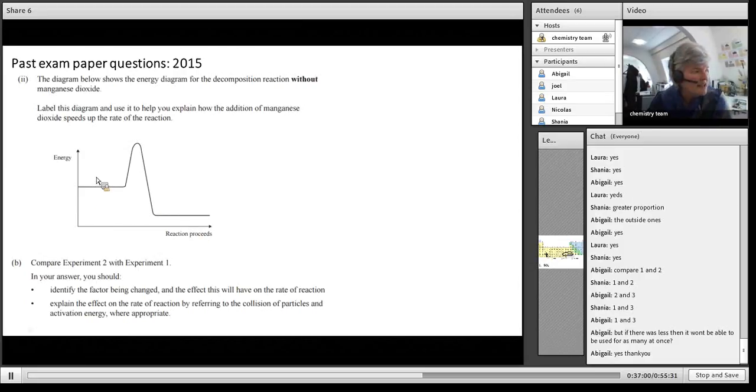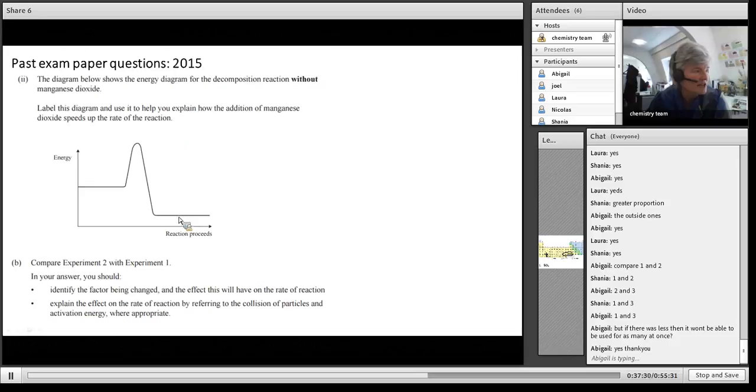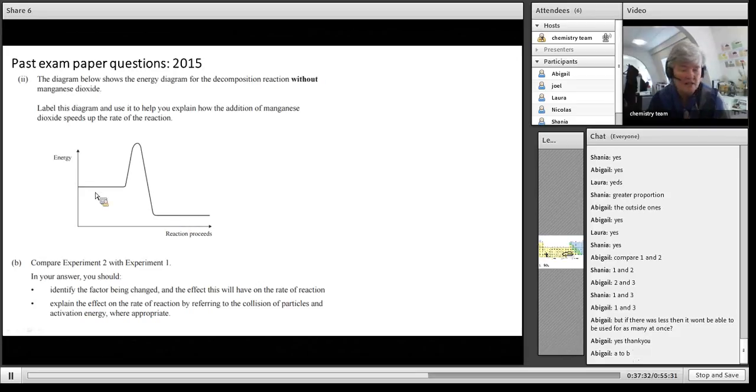So if this is the energy of my reactants, that's the energy of my products, and that's the energy of my intermediate as it changes from reactants to products. So you have to label this. Now there is one main label you have to put on, and that is the activation energy. Where would the activation energy be if you drew that label? So if I label this A, B, C, would it be the difference between A and B, the difference between B and C, or the difference between A and C?